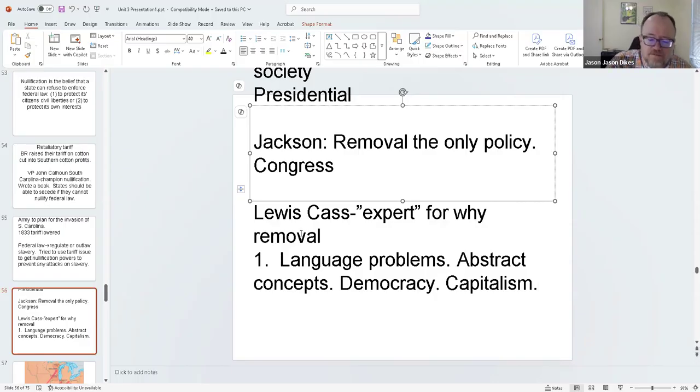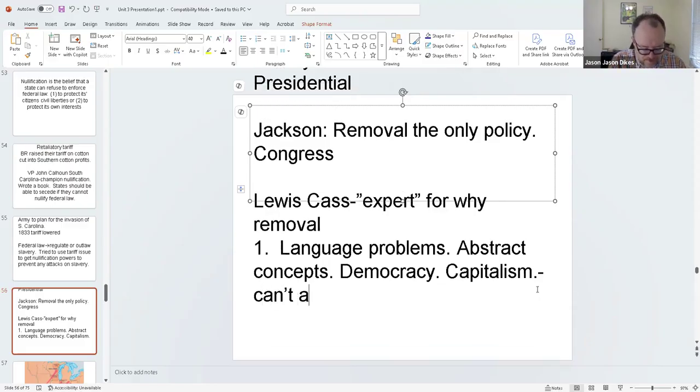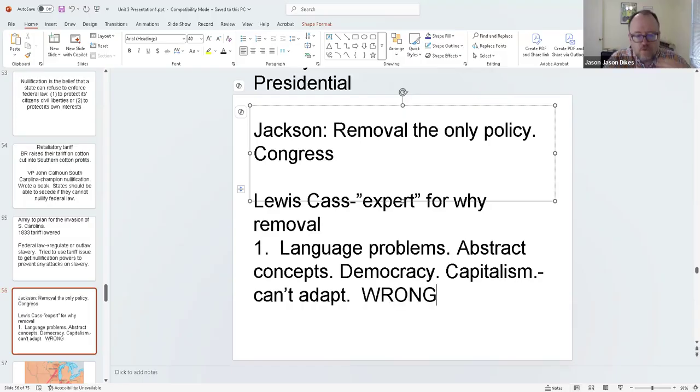So Native Americans will never really be able to understand these concepts, and so they'll never fit in. That's why they can't adapt. He is wrong about this. Okay? He is horribly wrong about this.